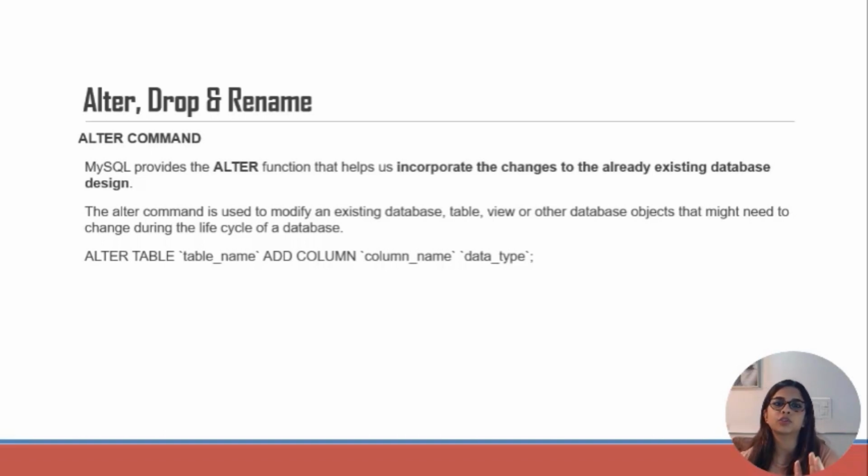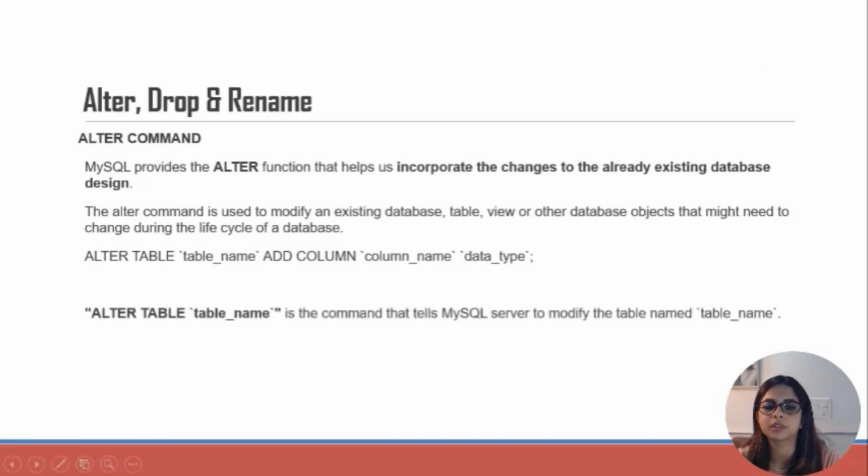So that's how you're going to add one column, which will have all null values in the beginning, because you're just adding a column. Let's add a column to our employee table and see what happens.